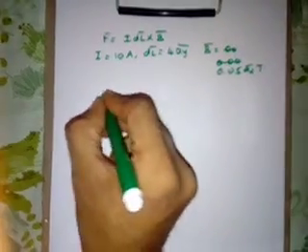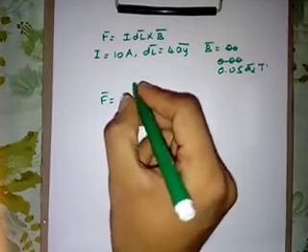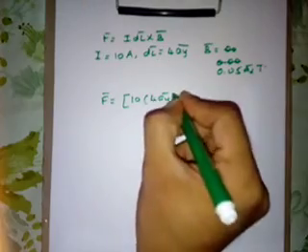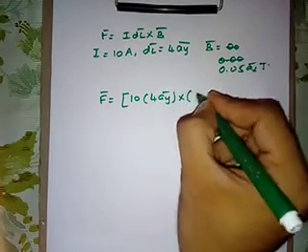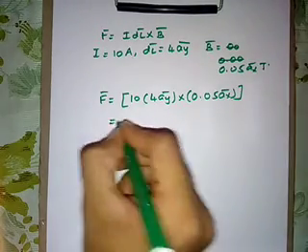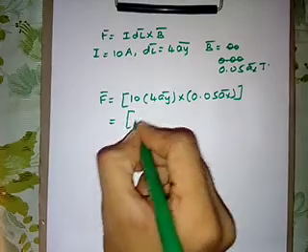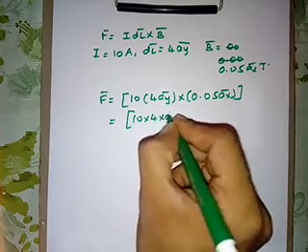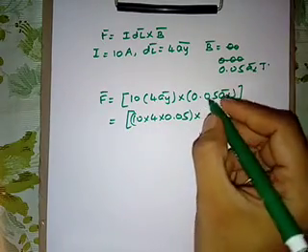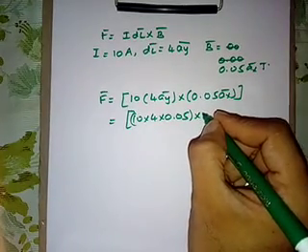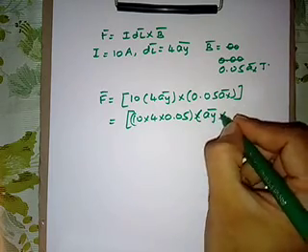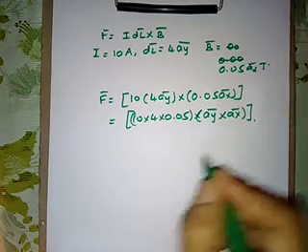Substituting these values in F is equal to I dl bar cross B bar, we get F bar is equal to 10 into 4 AY bar into 0.05 AX bar.